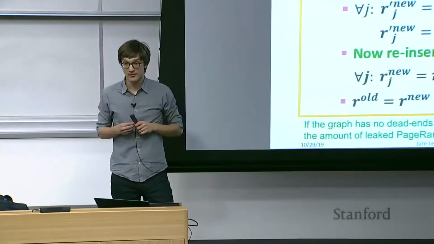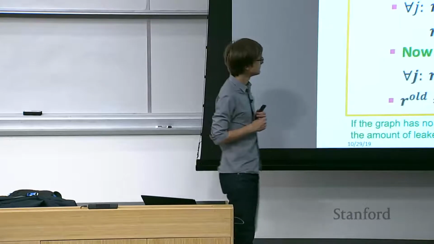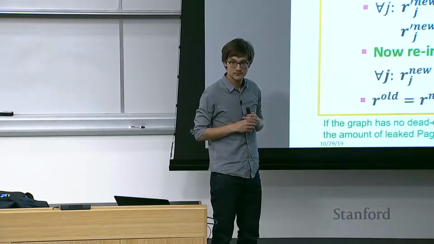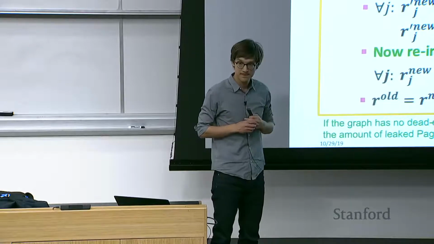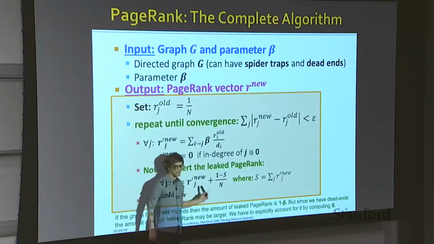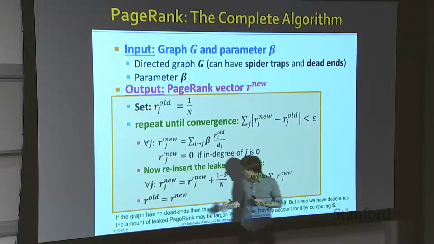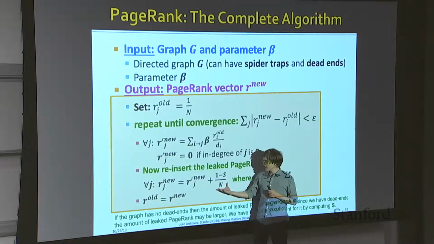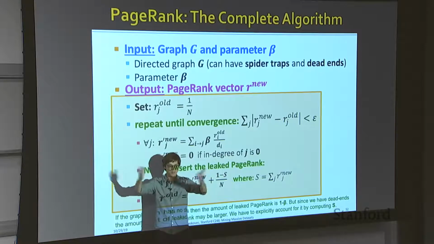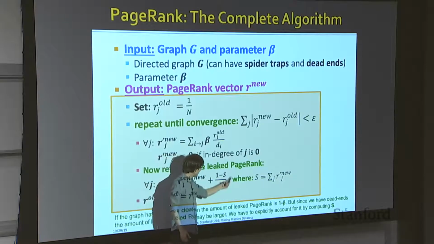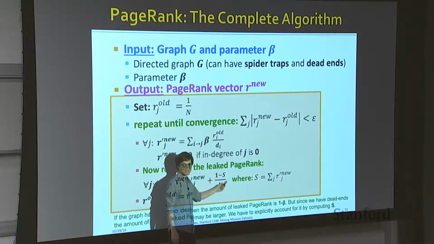Yes? Multiply the vector R new with a certain constant so that it adds up to 1 again, because here we give the constant (1 minus S) over n to all the nodes. Yes. Do it proportionally, right? No, why do you do this? Because whenever I came to the dead end, I had to teleport. Where do I land? I land with equal probability everywhere. That's how you think of this.